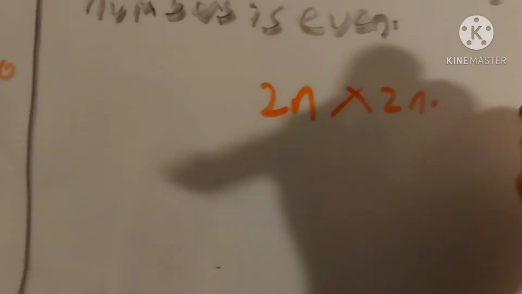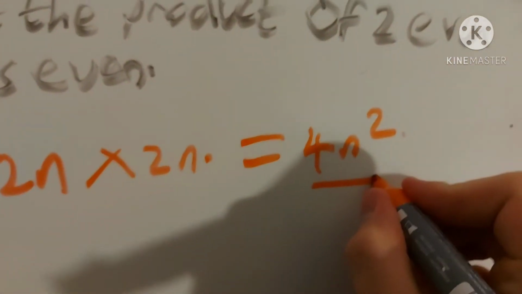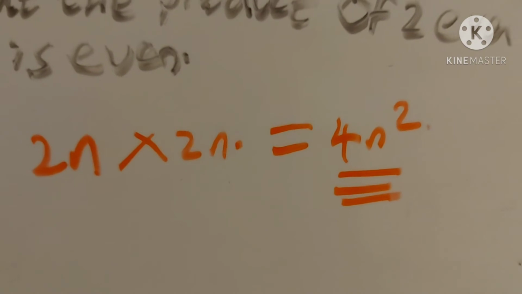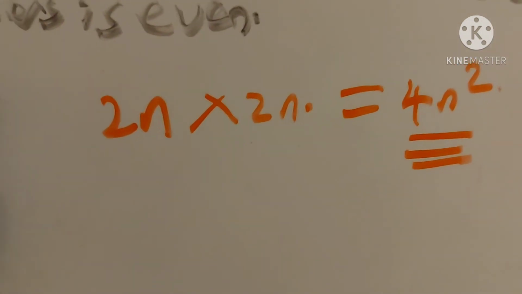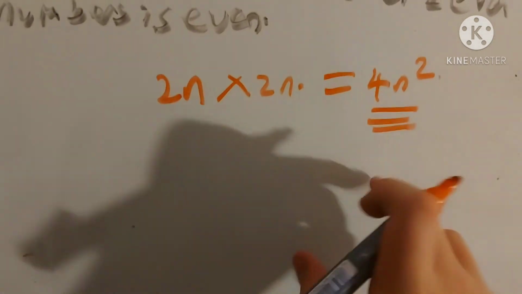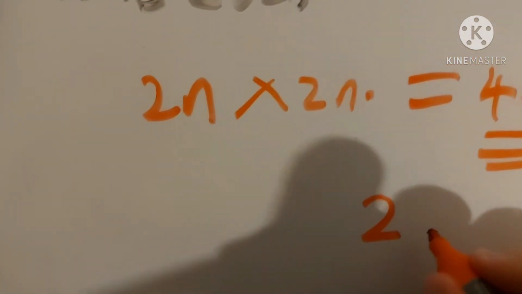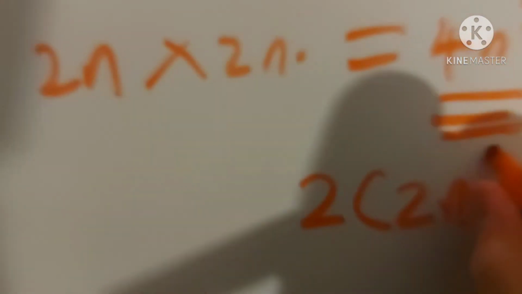The product of 2 even numbers is even. Well, 2n times 2n is 4n squared. Is this still an even number? Figure it out. You should work out now that this is actually even, because what you can do is factor out 2 and get 2 times 2n squared.